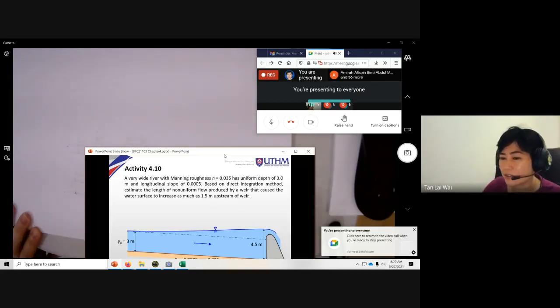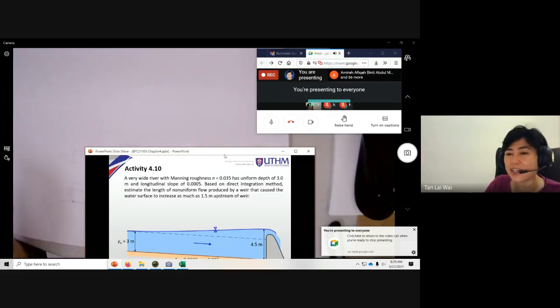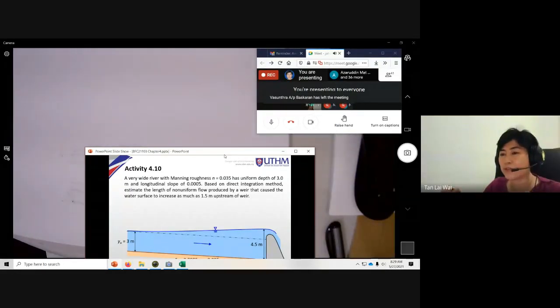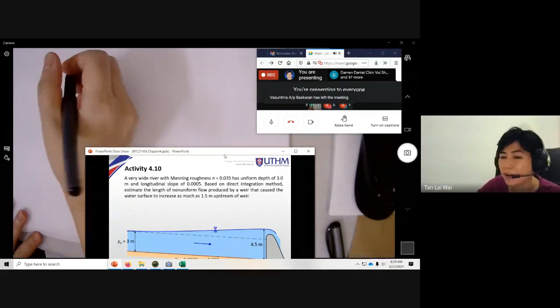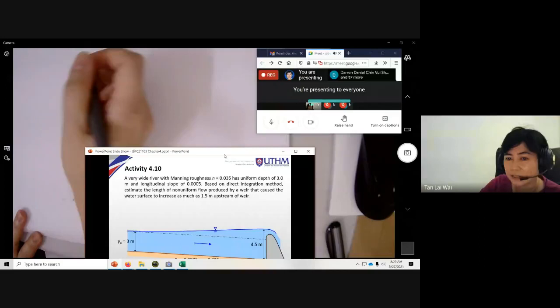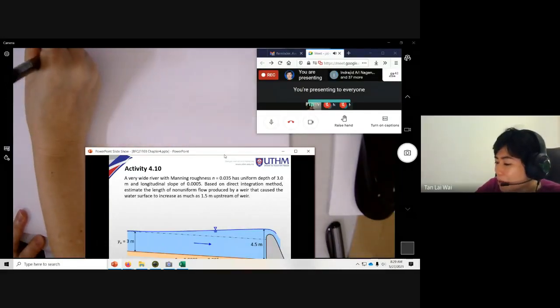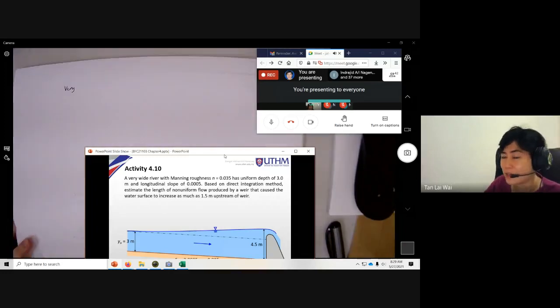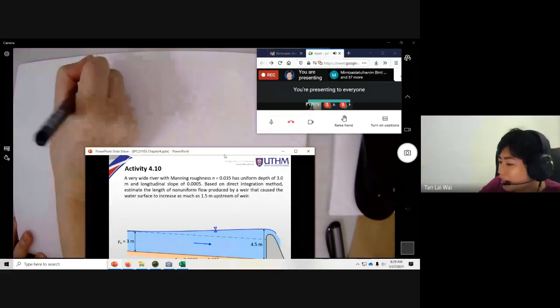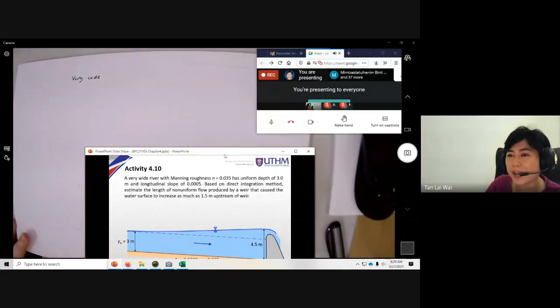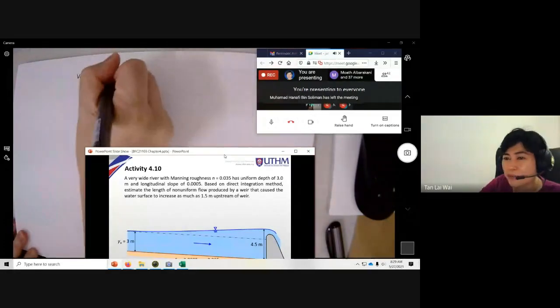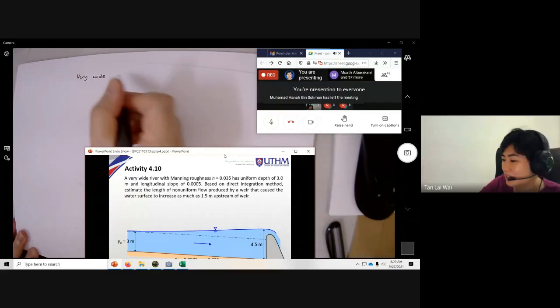Initially, the question does not give you any diagram, so you have to draw it out. For example, it says a very wide river. When it says very wide, what comes into your mind? Anyone? What simplification can we use for a very wide channel?